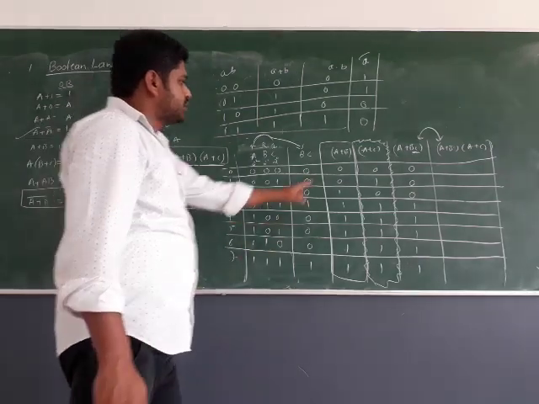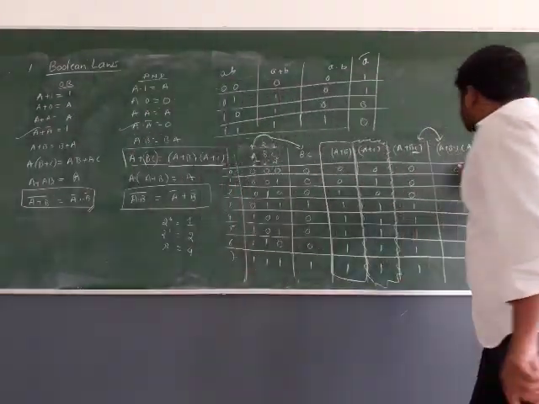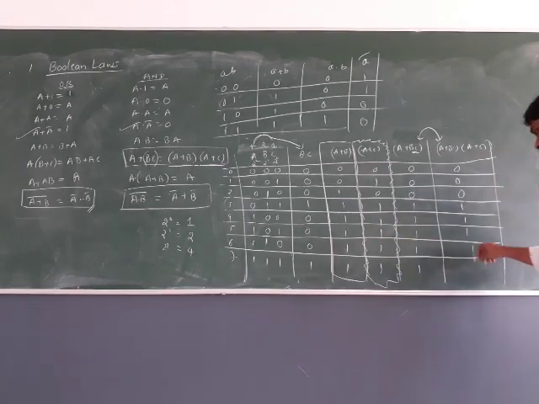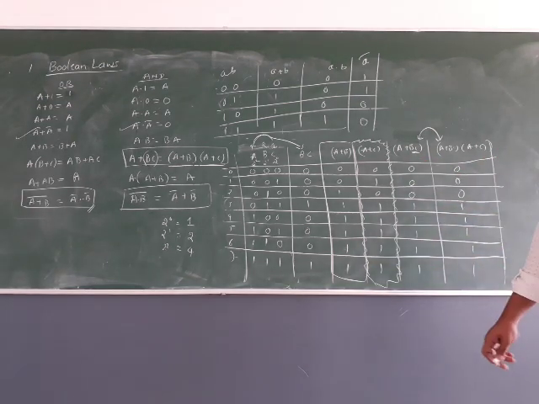So now 0 dot 0, 0 dot 1, 1 dot 0, 1 dot 1, 1 dot 1, 1 dot 1 is 1, again 1 dot 1 and 1 dot 1. Now you check individual rows of the last two columns: A plus BC on one side, and on the other side bracket A plus B into bracket A plus C.